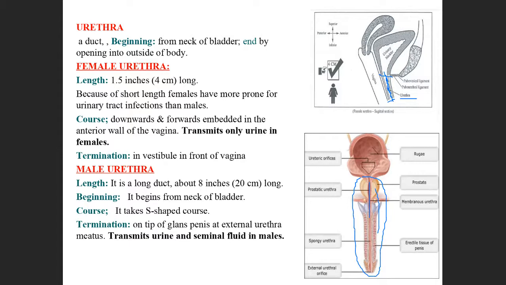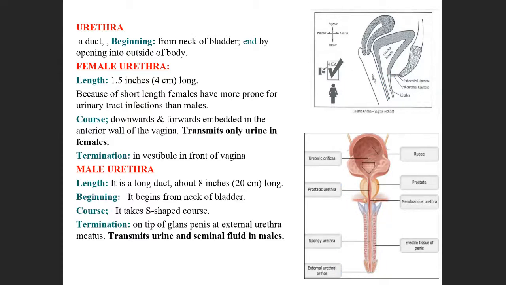So these are the differences. The length in the female is shorter, and in the male the length is more. Now you see here the female urethra.